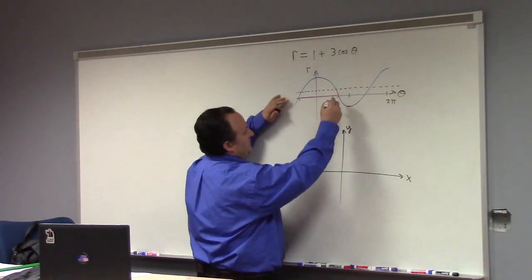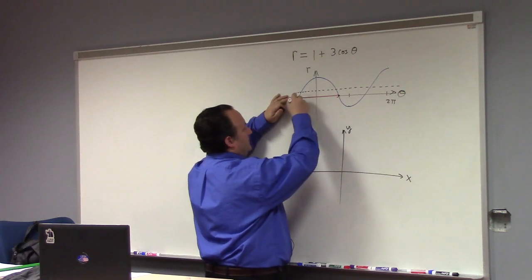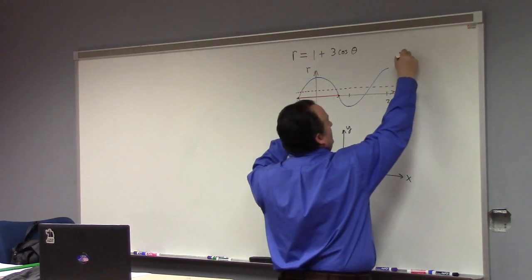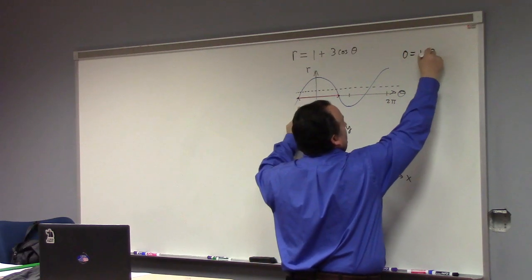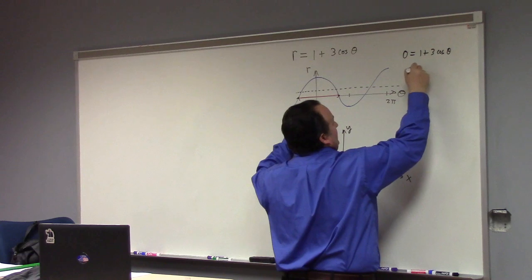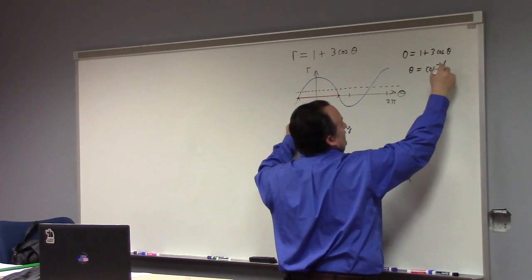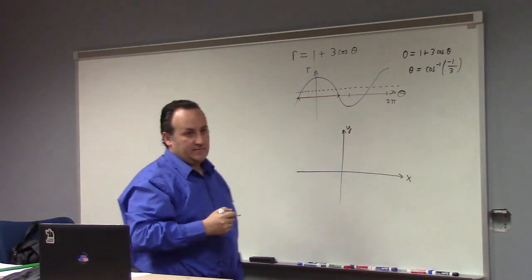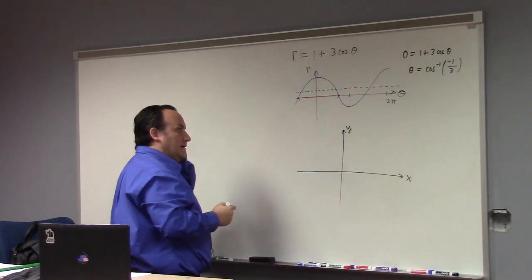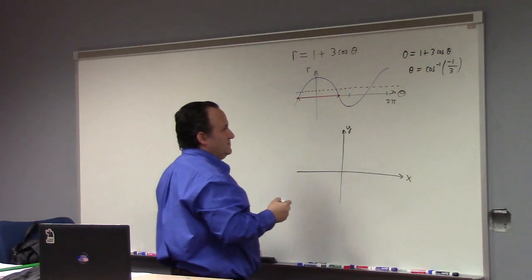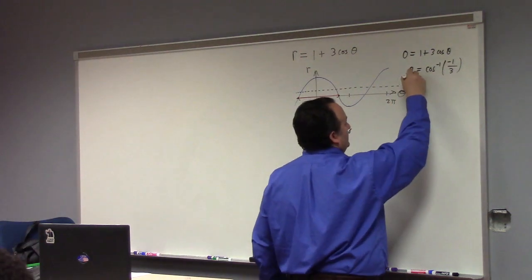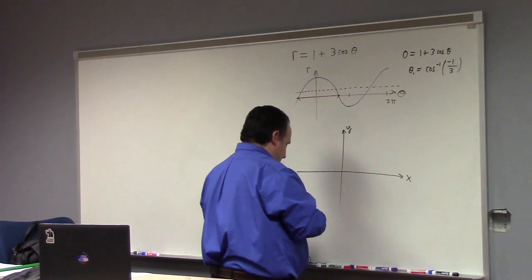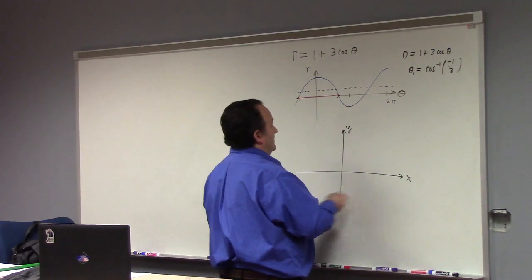so the real question is, where does this happen, right? What are these points here? That's going to happen when 0 is equal to 1 plus 3 cos theta, which is theta equal to inverse cosine of minus 1 over 3, whatever that works out to, right? So let me call this theta 1, and let me just graph some.